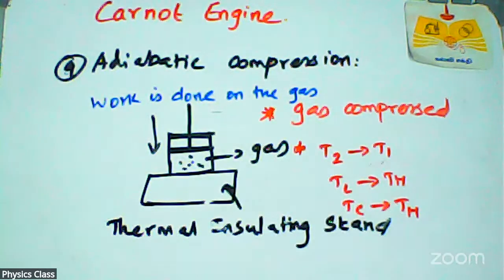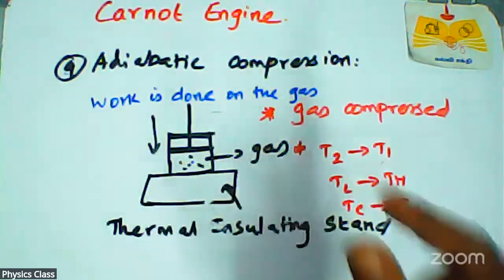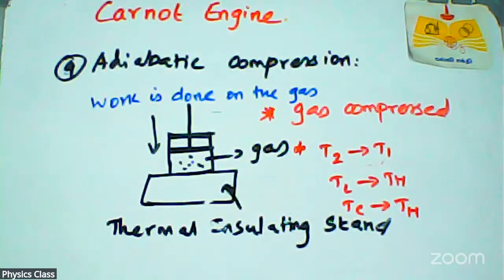Again, the process repeats. So we can prove that no engine operating between two given temperatures is more efficient than the Carnot engine, because the Carnot engine operates between the same two temperatures.